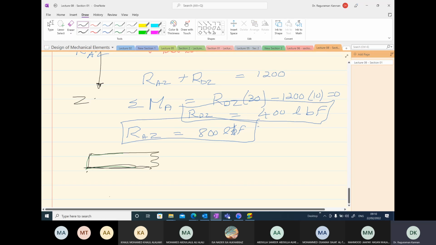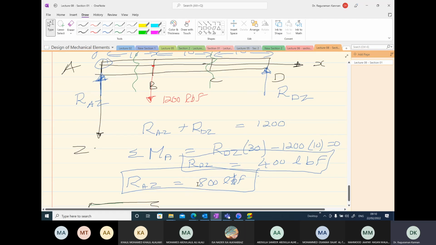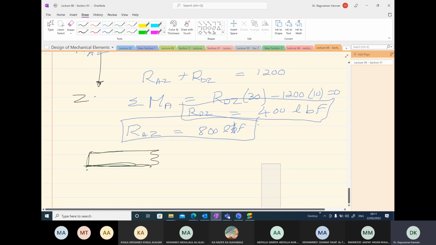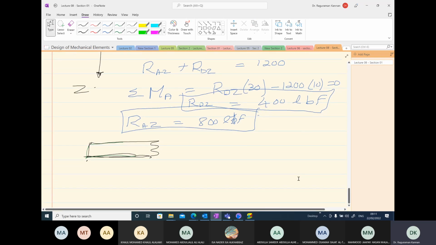At point A, we have RAZ is 800 pound force.